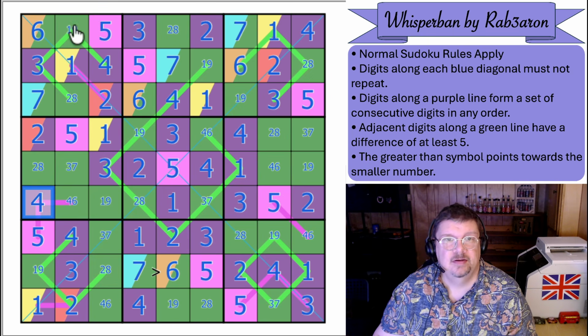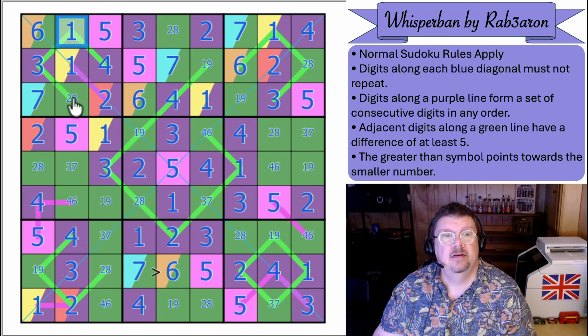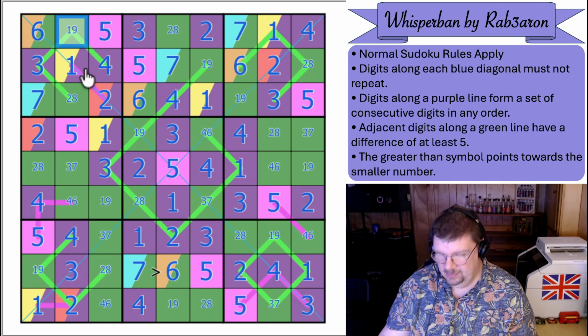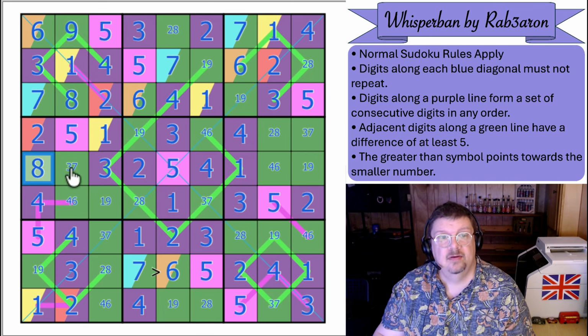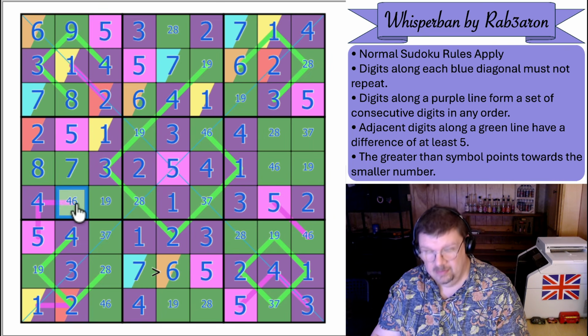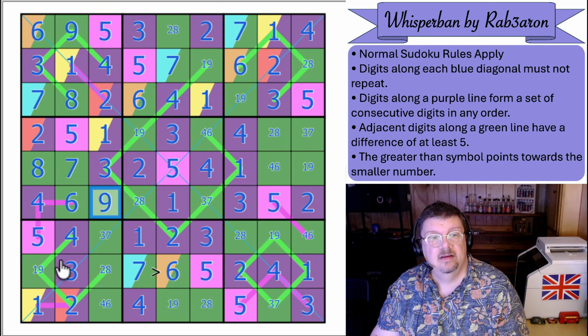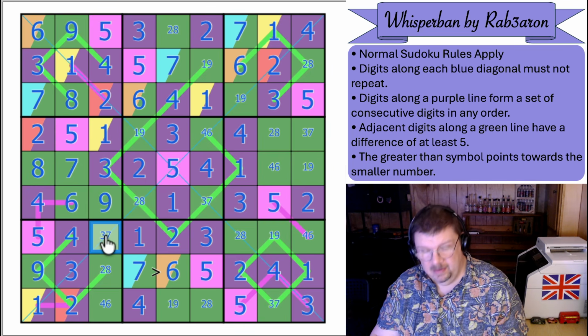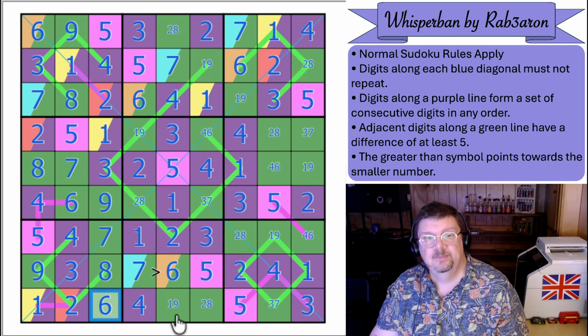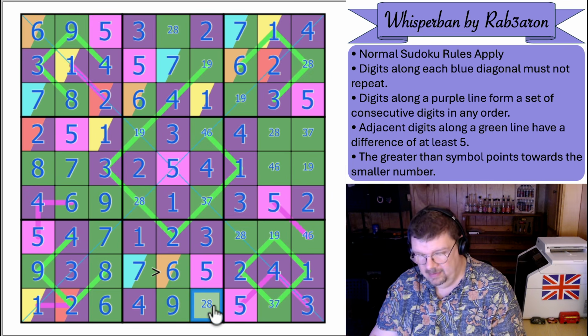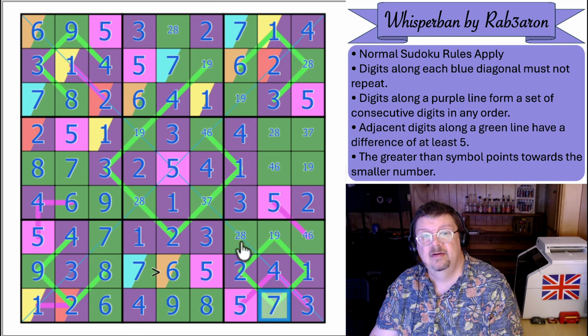So now the green digits. We get 1, 2. No, we don't. Yes, we do. No, we don't. Let's try that again. I'm at high digits. 9, 8. 8, 7, 6, 9. 9 there. 7, 8, 6. That's 9. That's 8. That's 7.